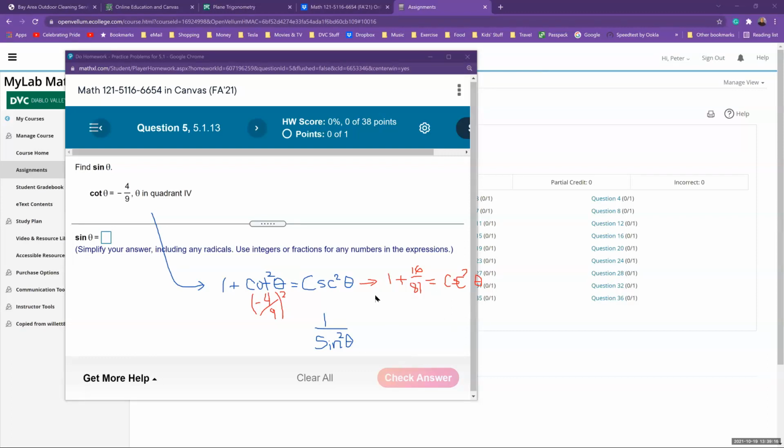All right, so if I add 1 to 16 over 81, then that's 81 over 81 plus 16 over 81 is 97 over 81. And that's equal to cosecant squared, which is 1 over sine squared theta.